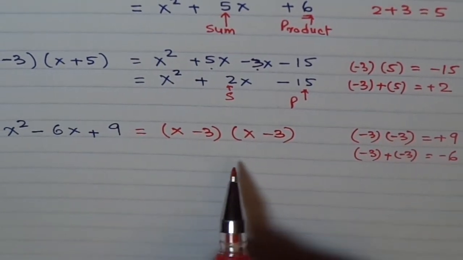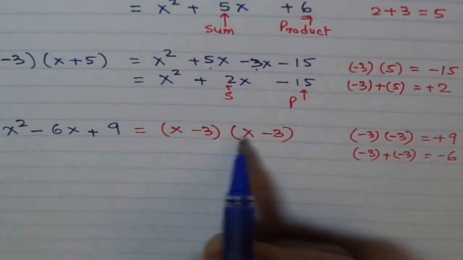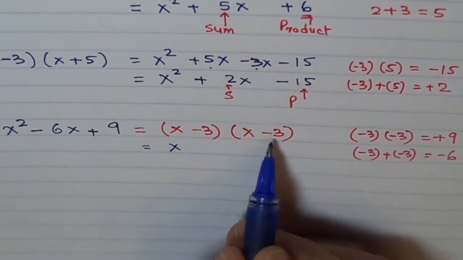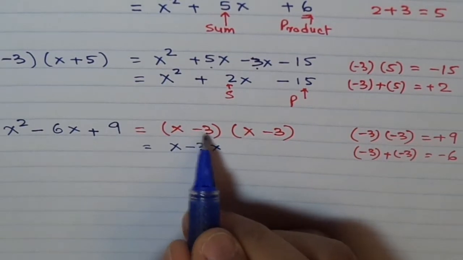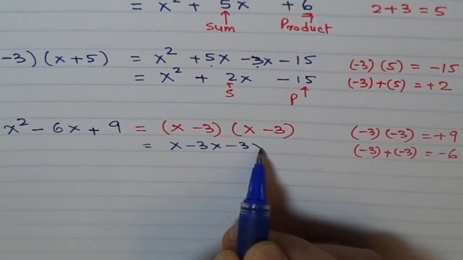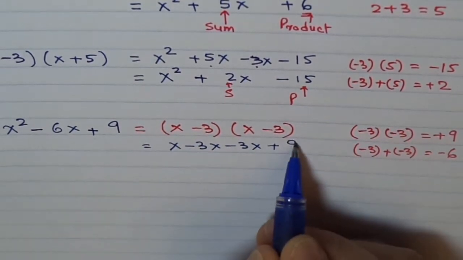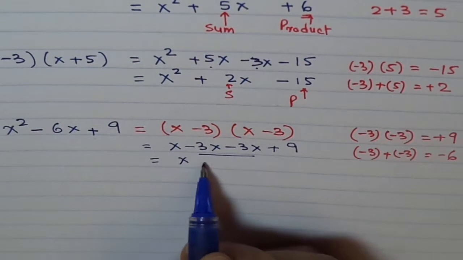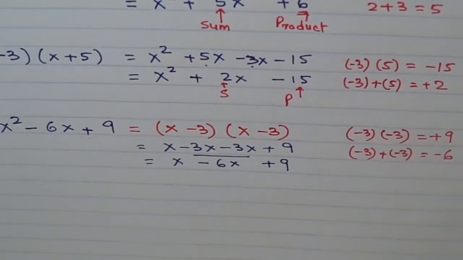Now, is it true? Let's expand and figure it out. x times x is x squared. x times minus 3 is minus 3x. And minus 3x times x is minus 3x. And minus times minus is plus, 3 times 3 is 9. So we can combine these two terms, and what do we get? x squared minus 6x plus 9. So we do get the same expression.